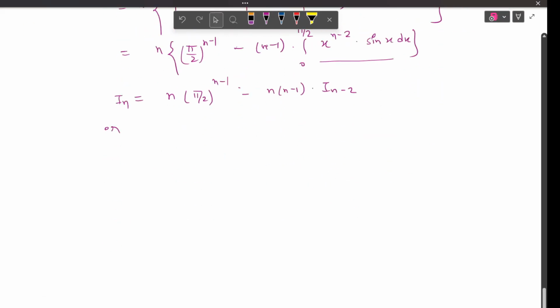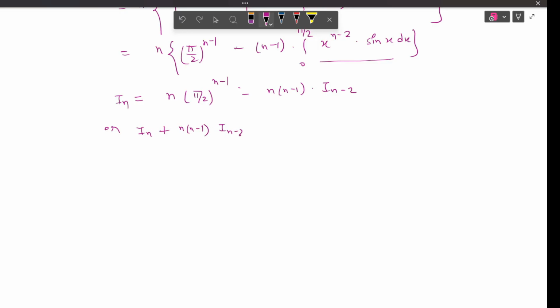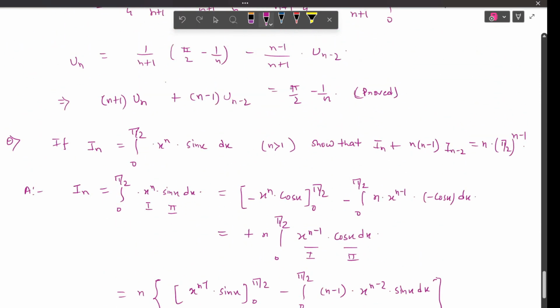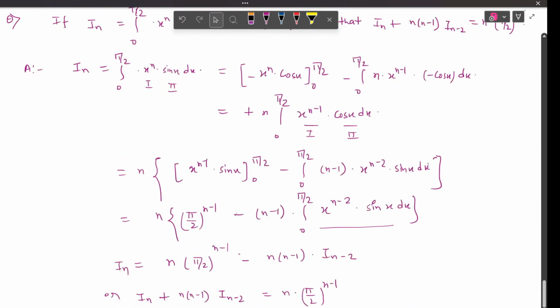So we can say that I of n plus n into n minus 1 I of n minus 2 is n into pi by 2 to the power n minus 1. That's all we have to prove.